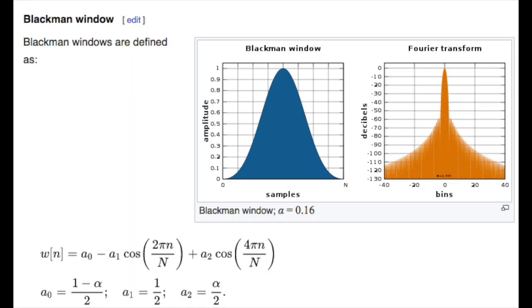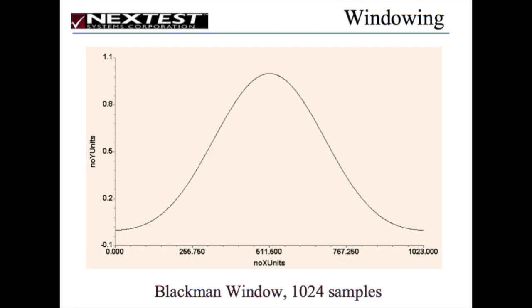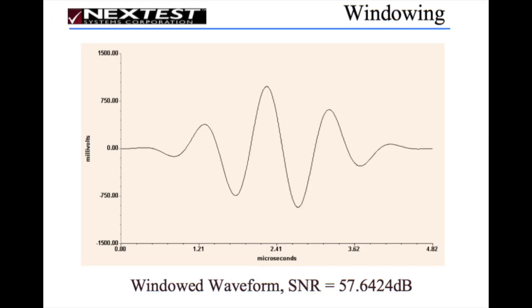This happens to be a Blackman window, named after a guy named Blackman. If you come up with a really great window, you could end up getting your name out there. The idea is to taper the ends. So we're going to take that waveform and multiply it by the Blackman window, and it'll taper the ends of the waveform so that the discontinuity won't be seen by the FFT.